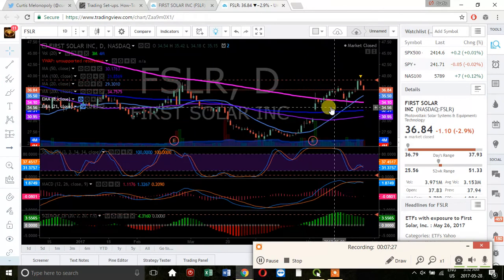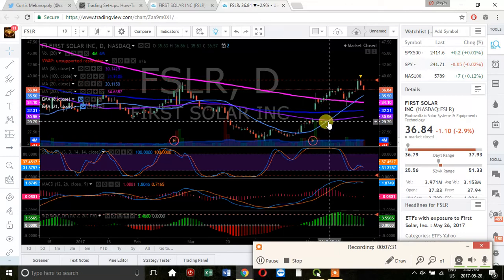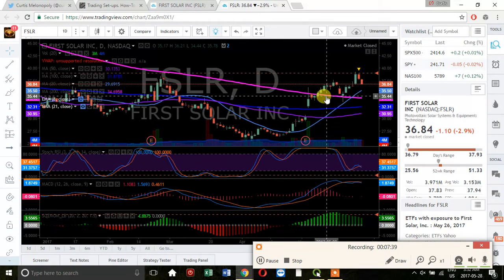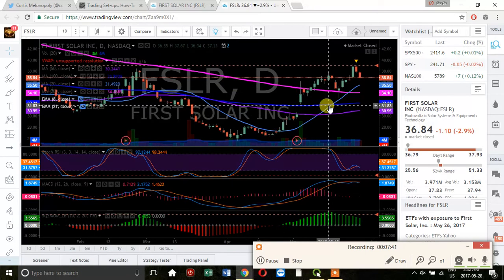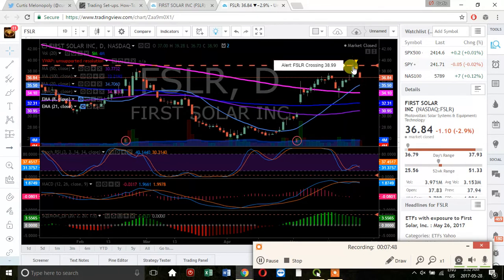So what we're looking for are things like this 20 MA breaching that 50 and price being over the 200. That's one setup. Then over time the 20 breaches the 100 with price over the 200, and what happens?